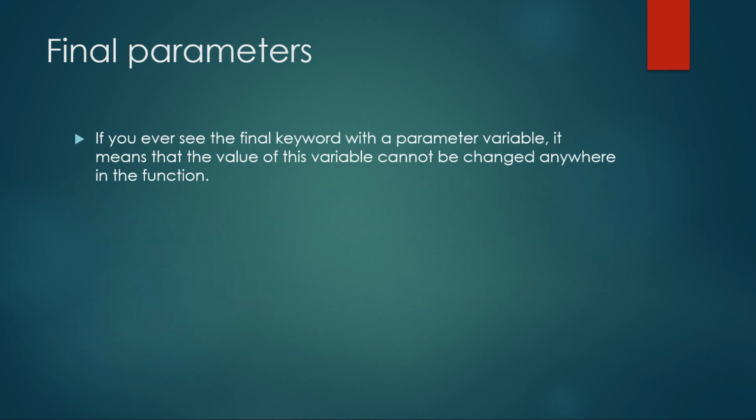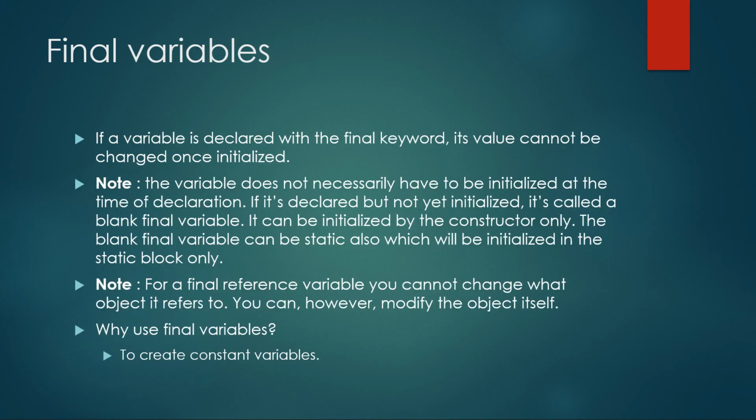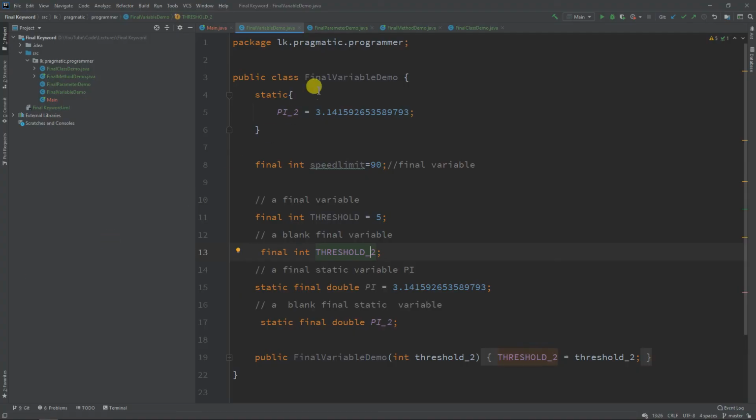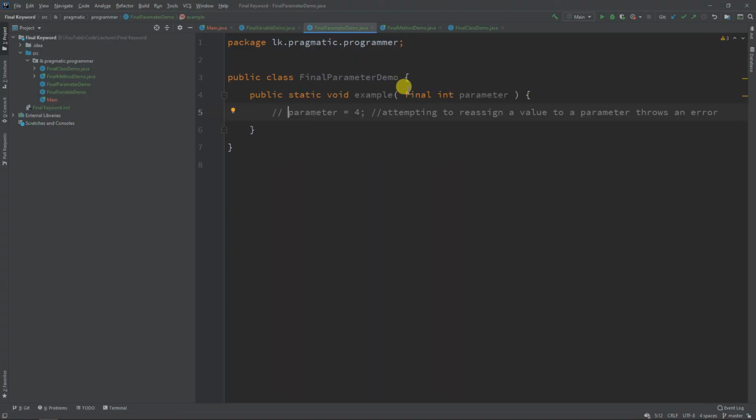If you see the final keyword with a parameter variable, it means that the value of this variable cannot be changed anywhere in the function. Let's take a look at an example of a final parameter.